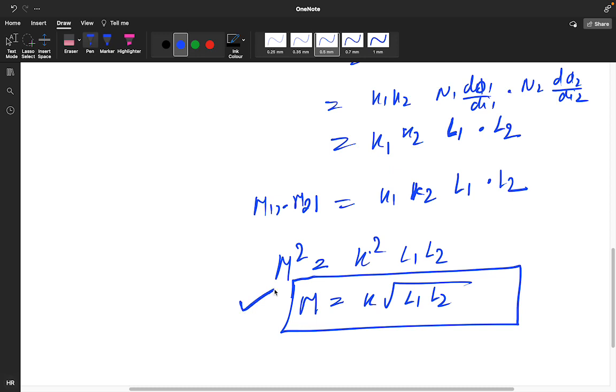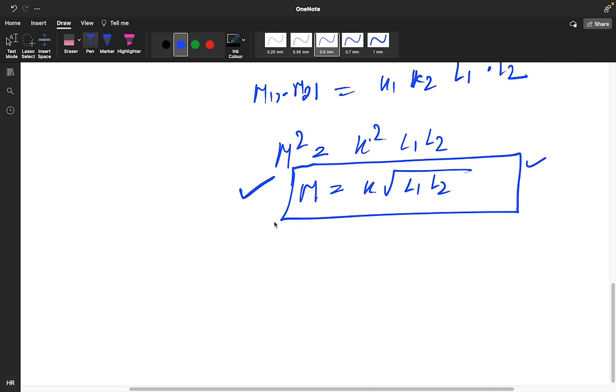So from these equations, K is your coefficient of coupling, and K is nothing but useful flux divided by total flux.